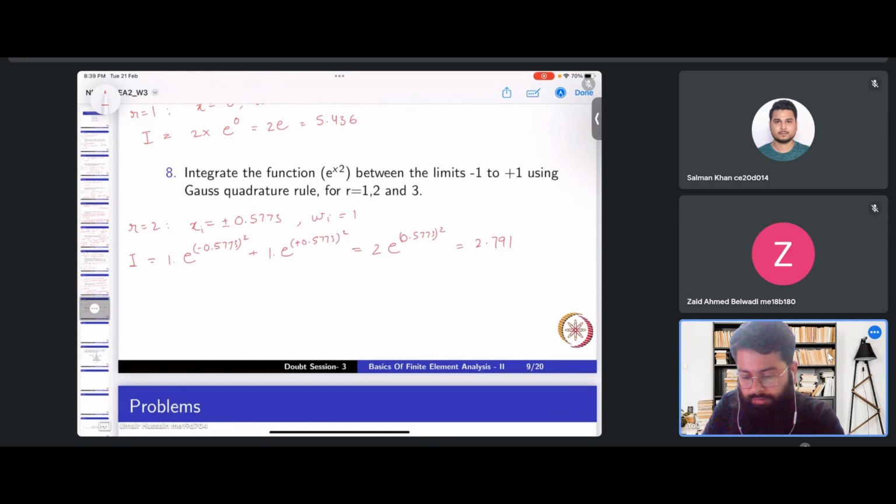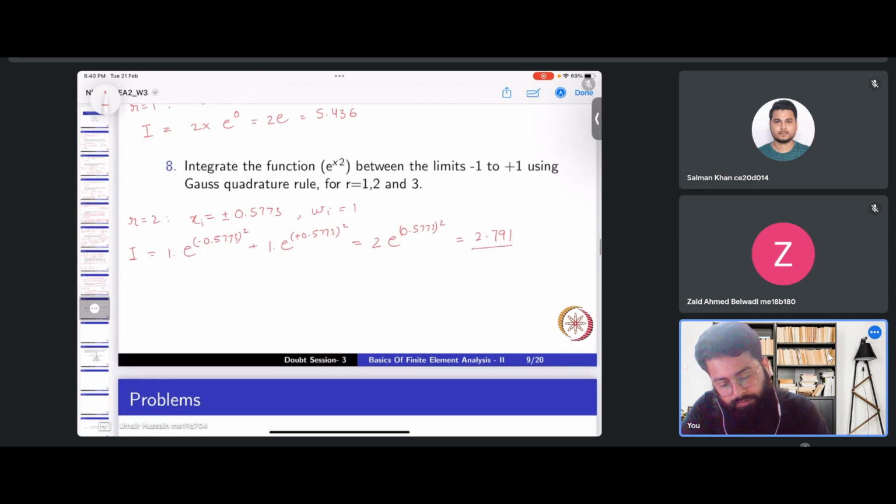E to the power minus 0.5773 square plus e to the power 0.5773 square. Yep, that's right. Okay, yeah, that's the answer. So we get a pretty great difference if we increase the value from r equals to 1 to 2. This here and this here.